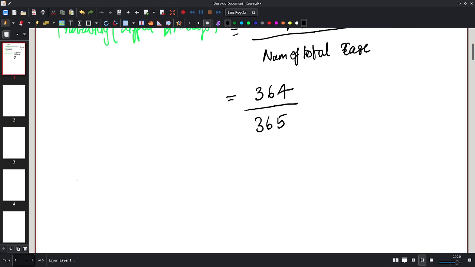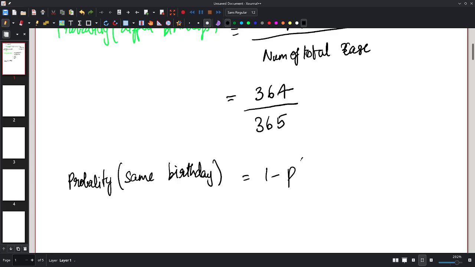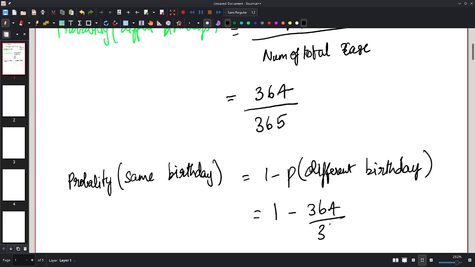If the persons end up with the same birthday, what is the probability of that? The probability of the same birthday is 1 minus the probability of a person having a different birthday. This is also one way of doing it, without even visualizing it, just mathematically you can solve it. 364 by 365, you get 1 by 365.